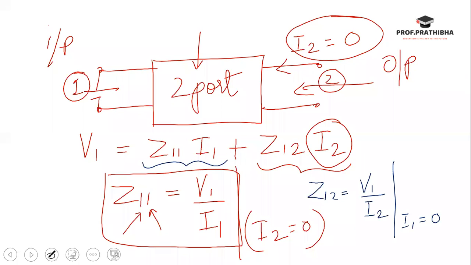Now, इस बार कौन 0 हुआ? ओपन नहीं, इनपुट की आउटपुट. कौन 0 हुआ? इनपुट साइड की आउटपुट साइड? Output. I1 is 0. I1 is 0. Input side. Input side. 0 हुआ ना, तो Z12 is equal to V1 upon I2.